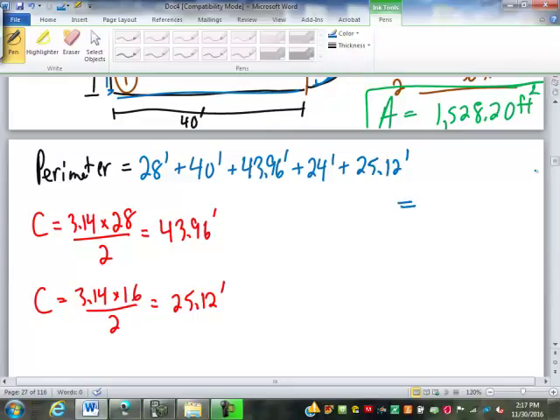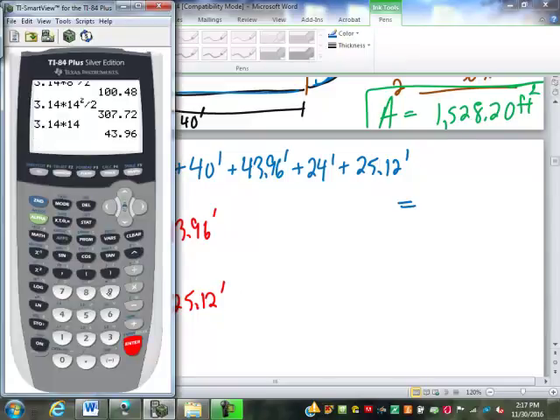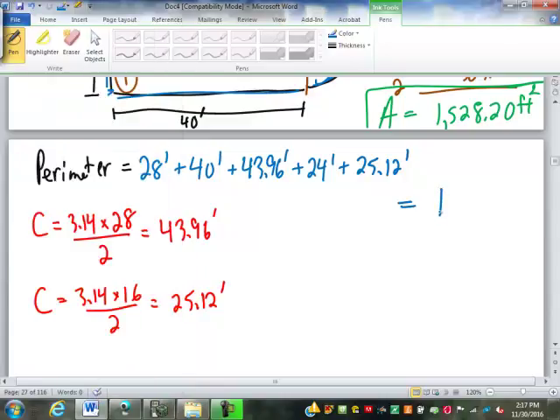So we add those all up for our perimeter. I'm going to have to add them up. 161.08 feet of perimeter.